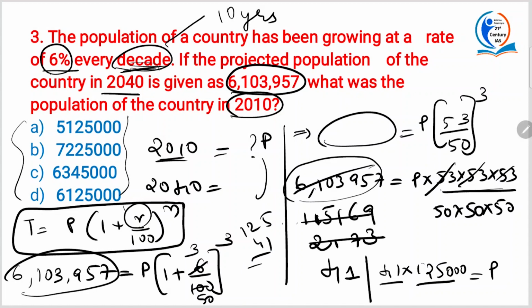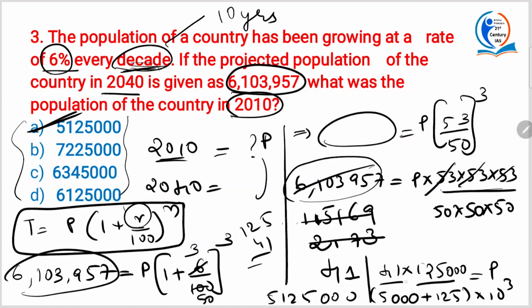So 125 into 4 is how much? It's 500. So 125 into 40 will be 5,000 plus 125 into 1 is 125, into 10 cube. So this will be 5125 into 10 cube, 5125 followed by 3 zeros. Okay, that is the answer.